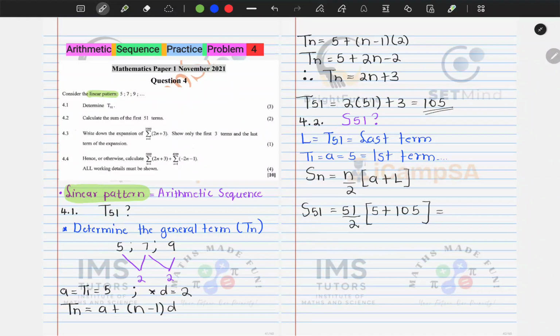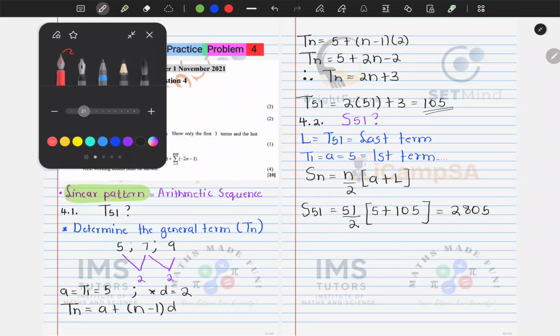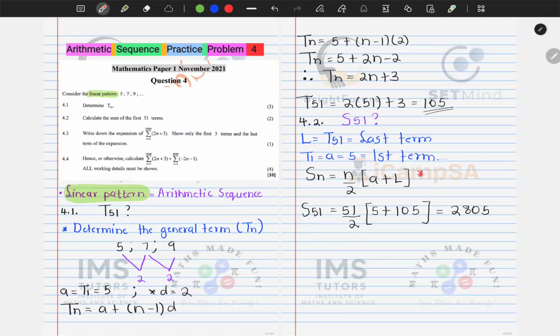If we punch this in our calculator, we get 2,805 as our sum. And that is the answer we expected to find for 4.2. You could alternatively go the long way, but this, remember, is another way of calculating the sum.